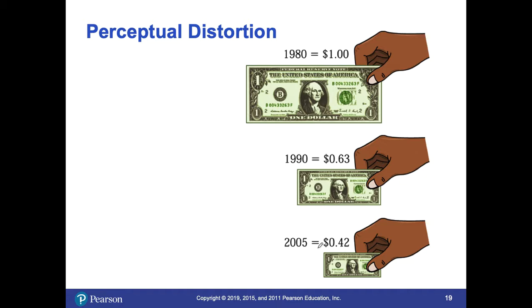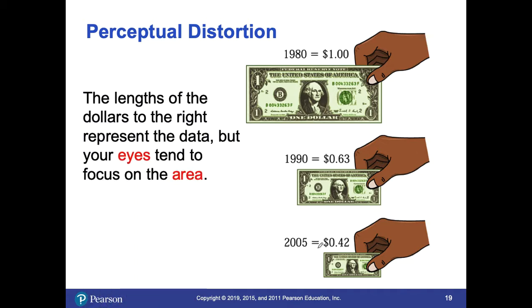However, if you actually look at the area, it could be deceptive because you might think, oh, well, that means the dollar was worth more in 1980 than it was in 2005 just because the picture's bigger. That's one. Secondly, this doesn't give us any more information.